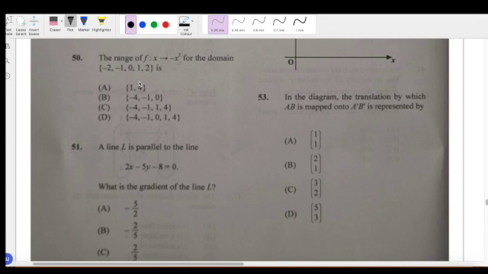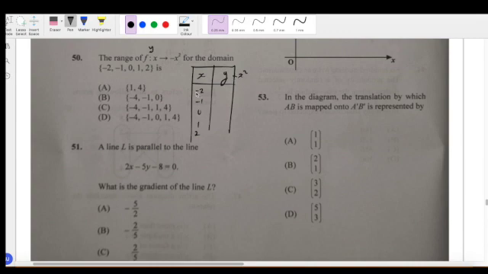The range of the function f of x maps onto negative x squared for the domain. So the domain is the x values, so we could just do an xy table here. Right? And we have the domain as the x values minus 2, minus 1, 0, 1, 2. And what do we want? The range is the y values, and f of x is y, so this is minus x squared.